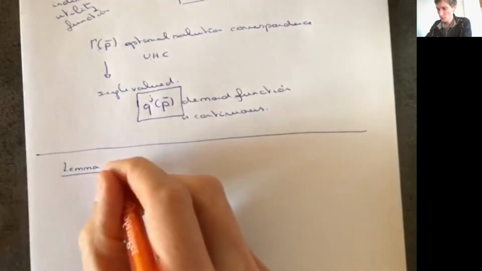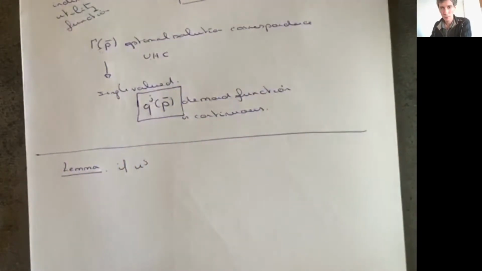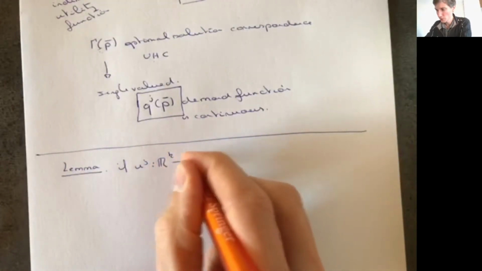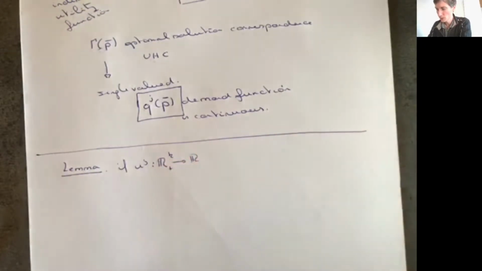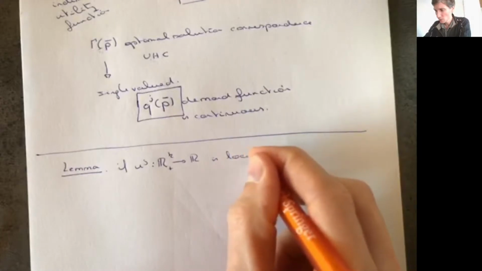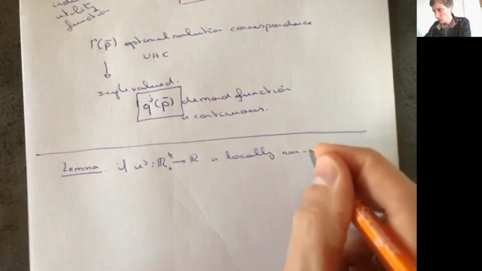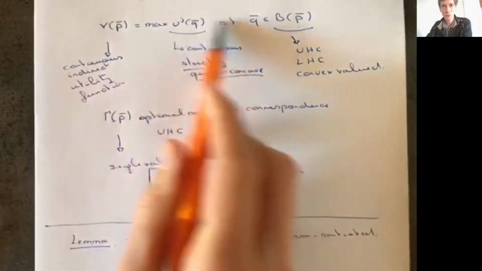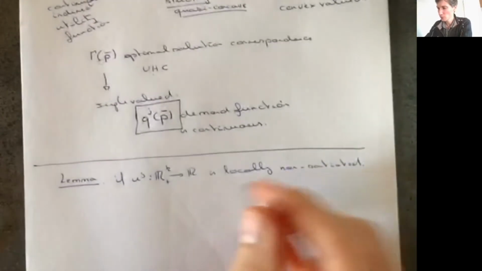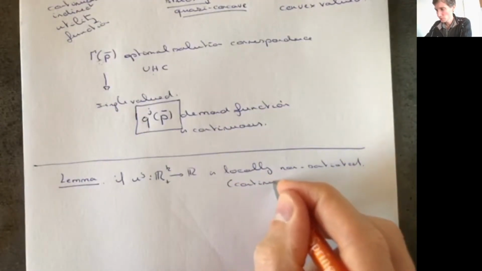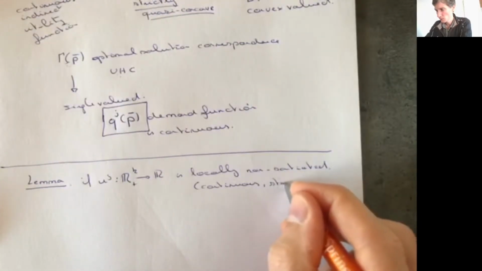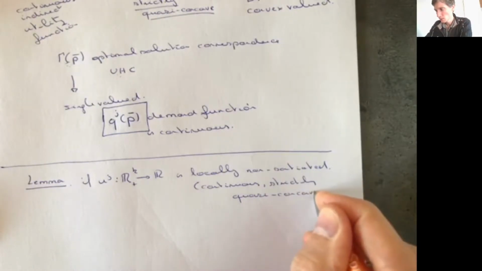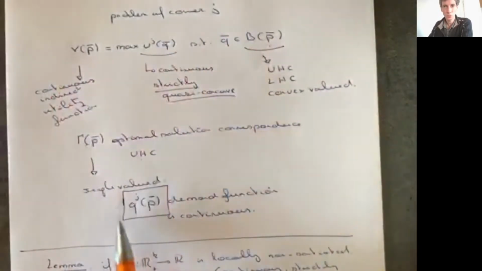If the utility function of consumer j, which goes from R^k_+ to R, is locally non-satiated, and we also assume, of course, that it's continuous and strictly quasi-concave, we can look at this problem and solve it.